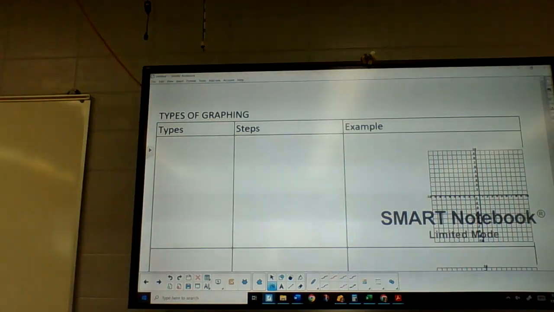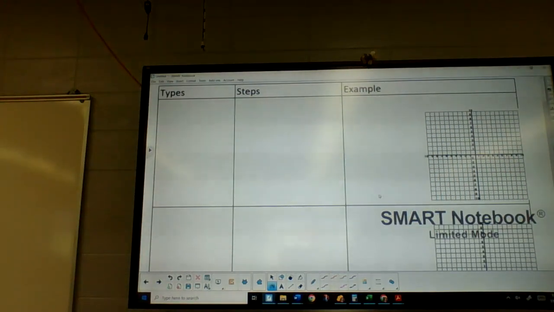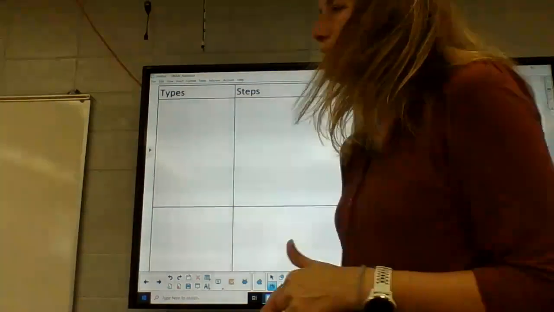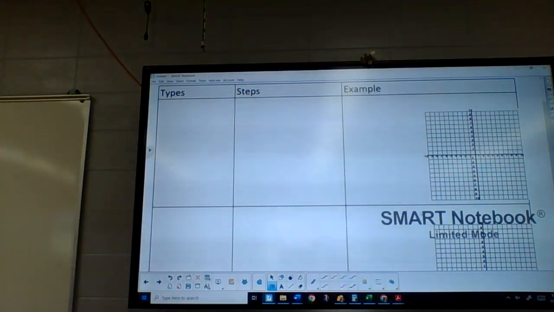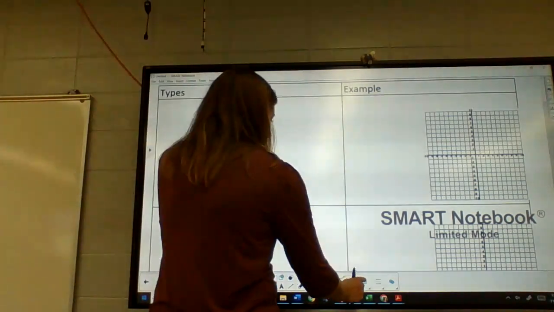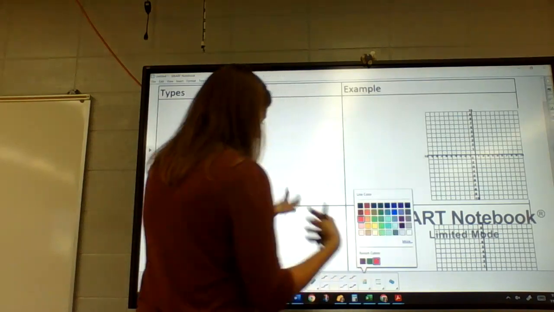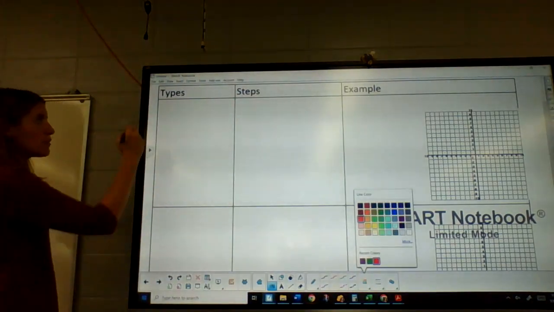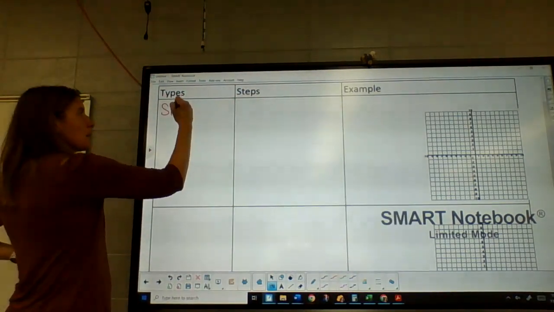And this is the one that we'll test on a little bit more. So there'll be more questions on slope-intercept form because this is the one that gets used a lot more. It's quicker, it's just the easier way to do things. But knowing how to do these problems all these different ways is fine. So slope-intercept form.